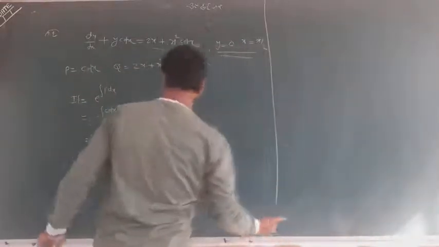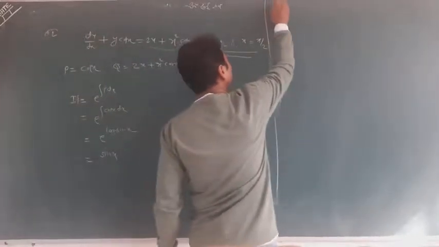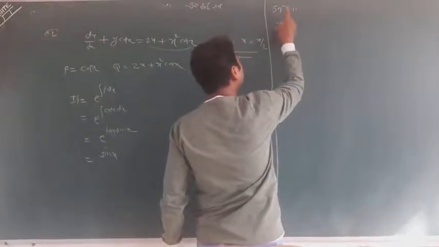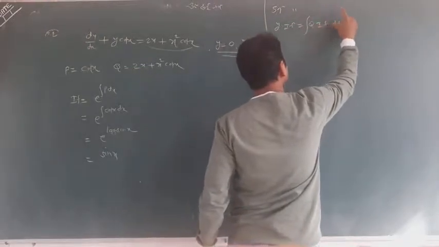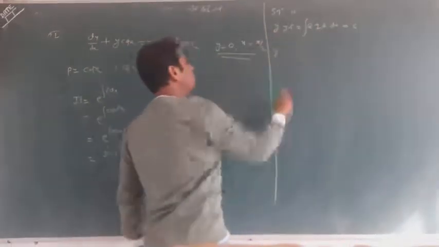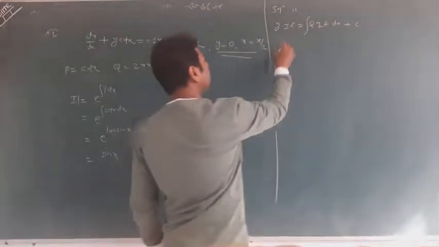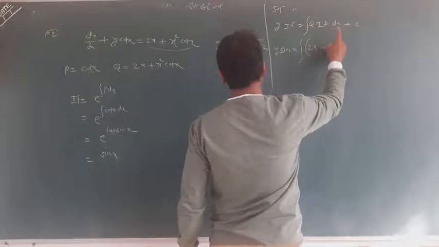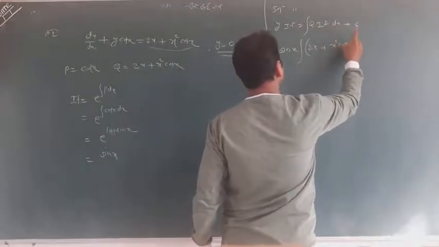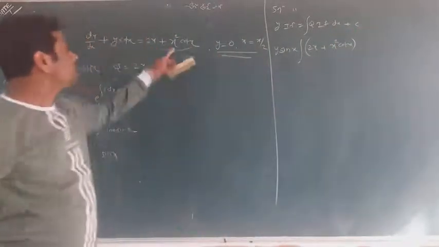Lastly, after doing so, we will find the solution. Y into IF is equal to Q into IF dx plus c. Put the values. IF is equal to sin x. Q is equal to 2x plus x square cot x. This is the term.